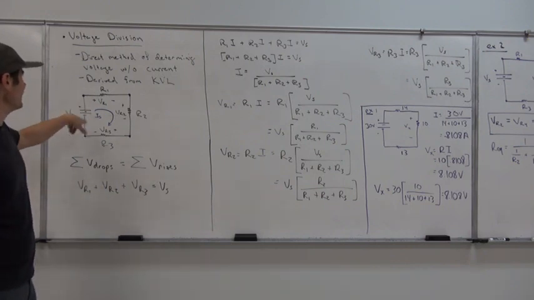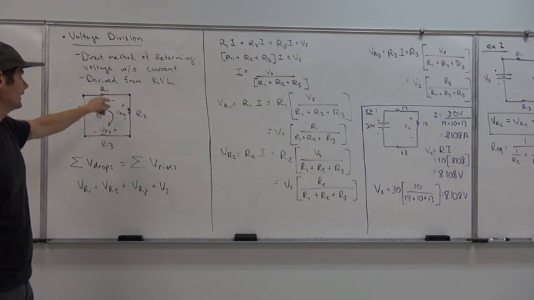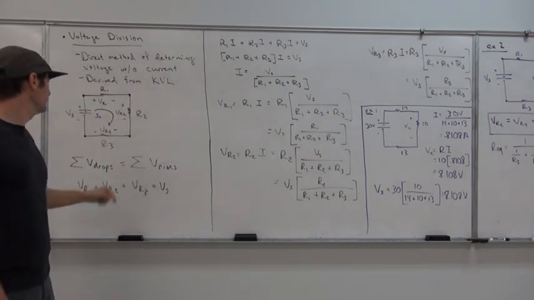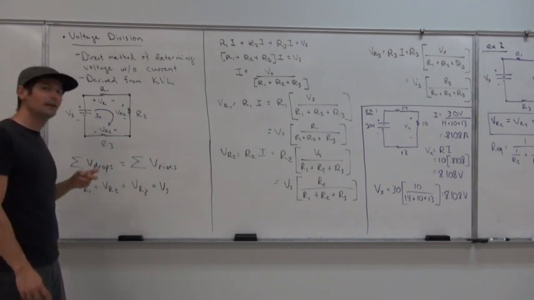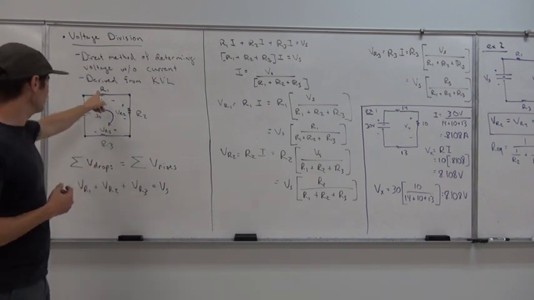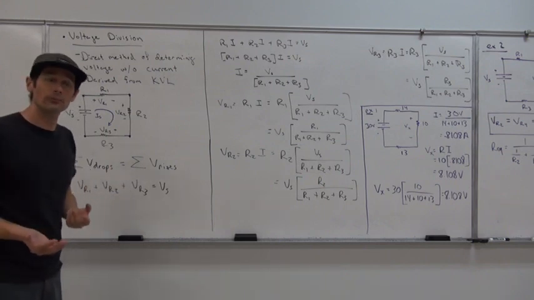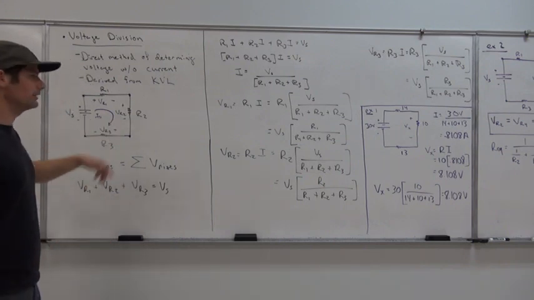We took the current that we found and multiplied it by R1, then multiplied it by R2, then by R3, and therefore we got the voltages for each element by just applying Ohm's law. But what if I don't want to find the current?